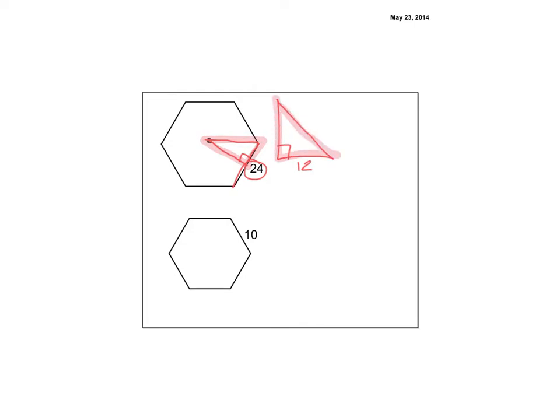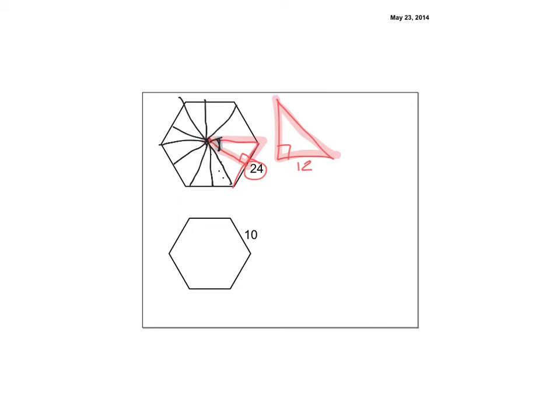So now we have to have some angle measures to be able to figure this out. If we look at the center here, we want to find this angle right here. So what we're going to do is imagine how many of these triangles we could draw in. All right, so let's say I had one here, I could draw here, here. So for each side, we're able to draw in 2 of the triangles.